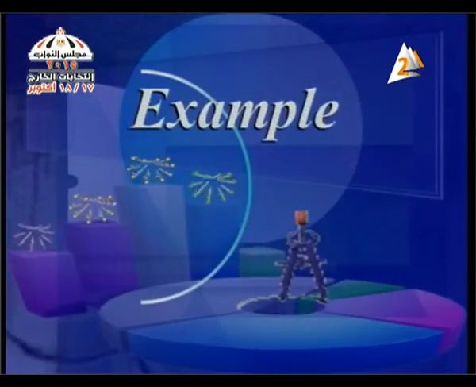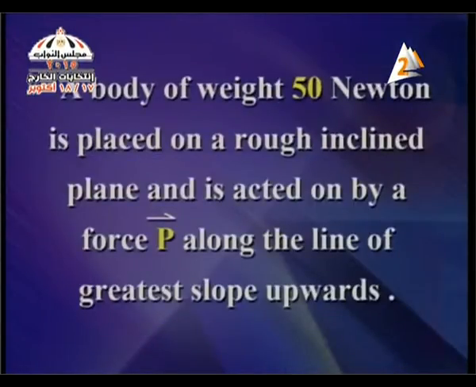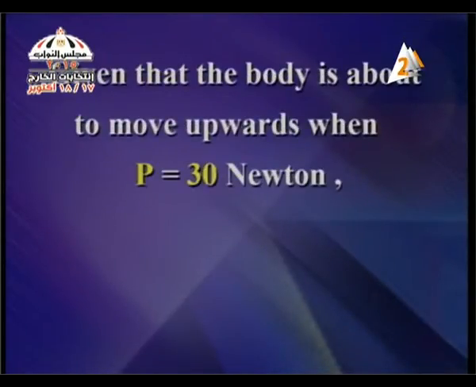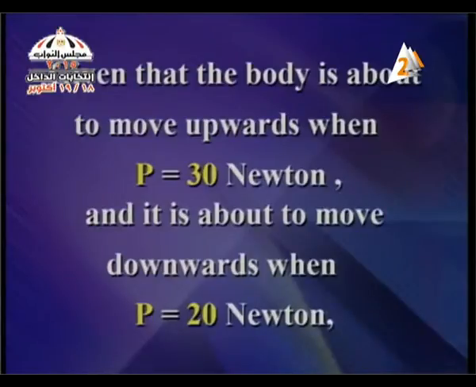Now let's go to another example. A body of weight 50 Newton is placed on a rough inclined plane and is acted on by a force P along the line of greatest slope upwards, given that the body is about to move upwards when P equals 30 Newton, and it is about to move downwards when P equals 20 Newton.